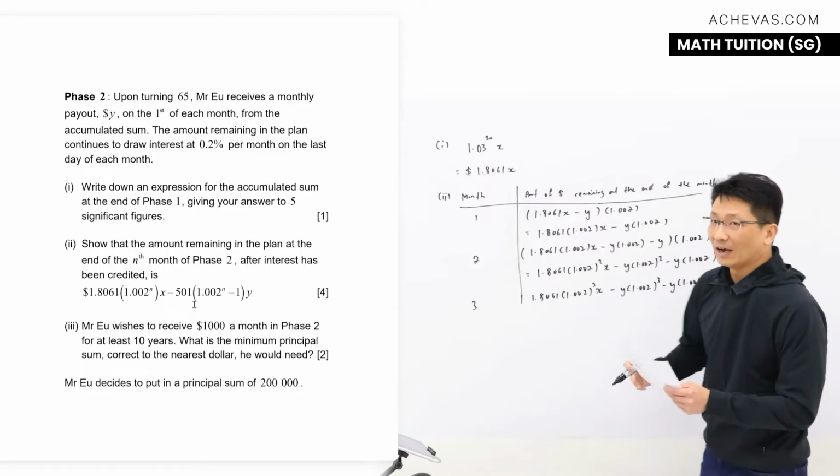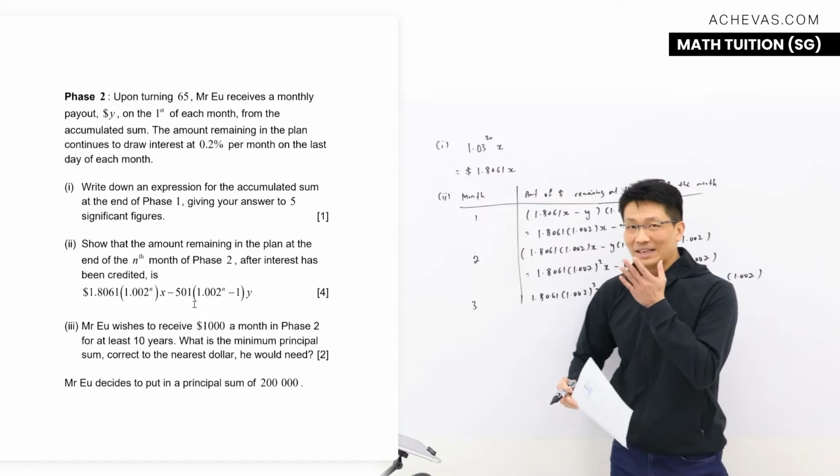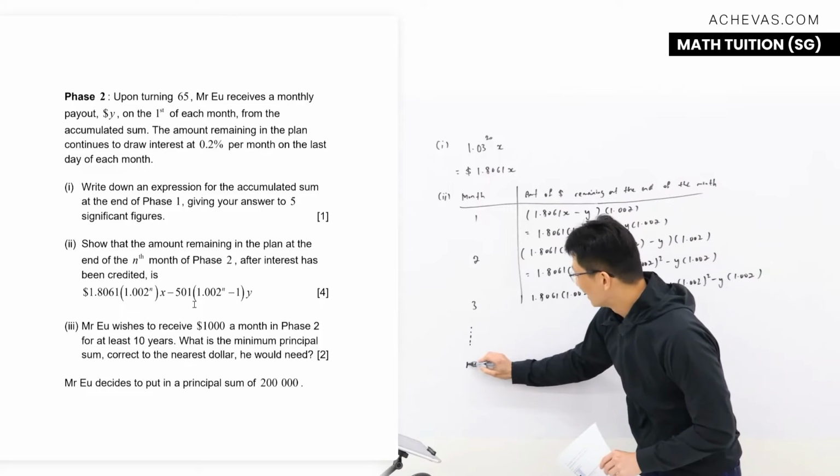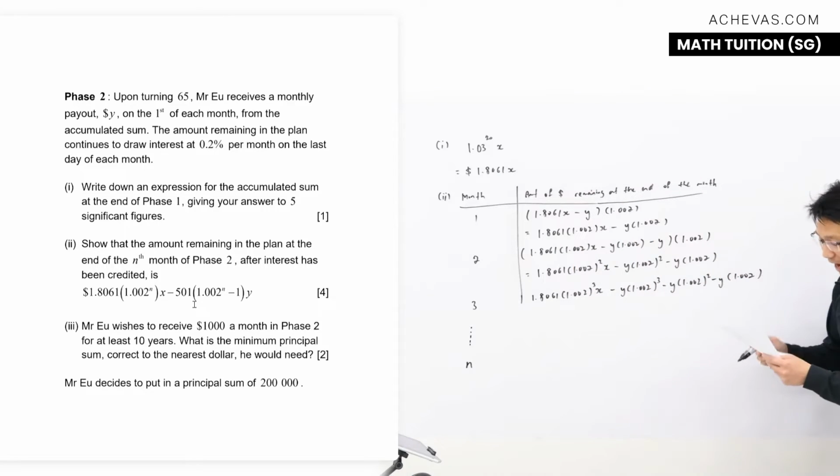I can identify a pattern and extrapolate it into the nth month. What happens if it's the nth month?